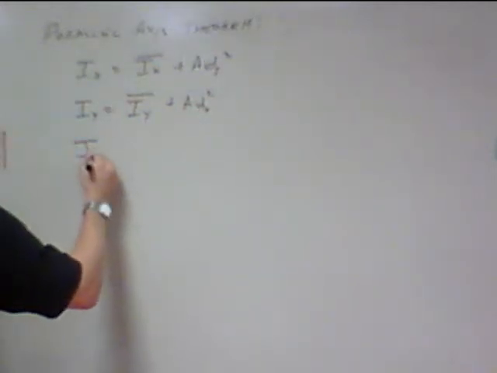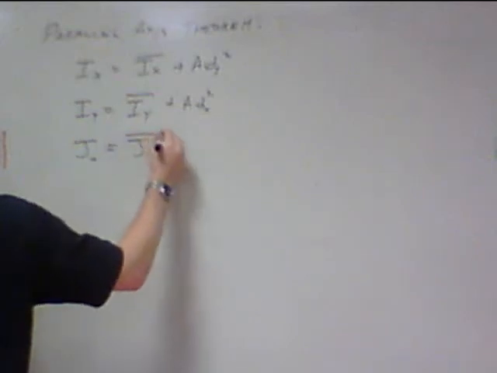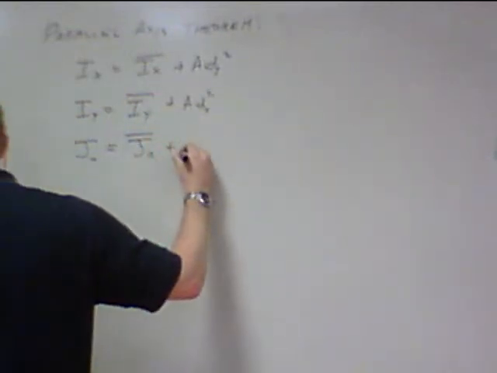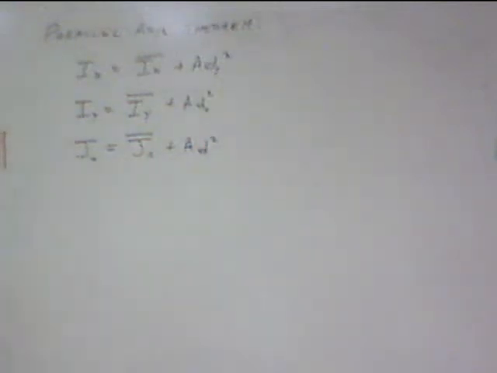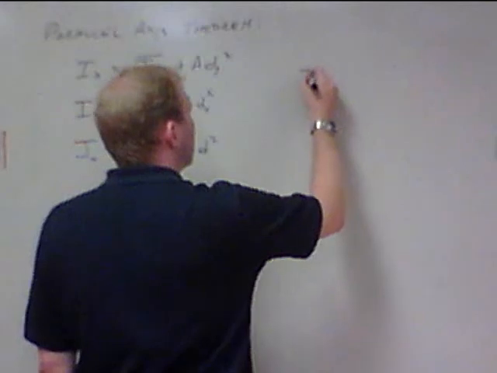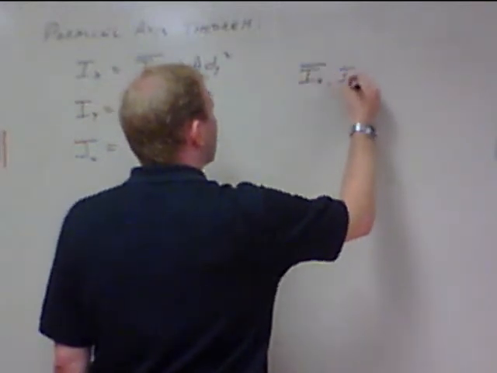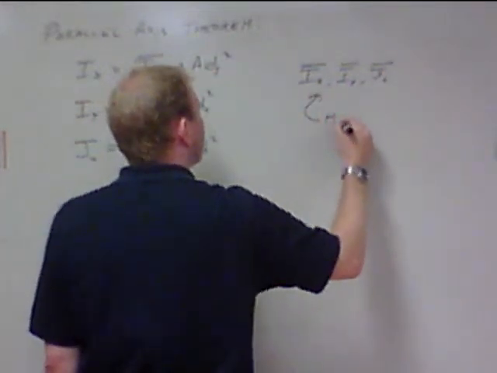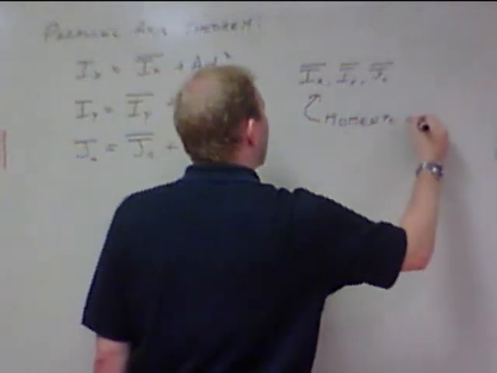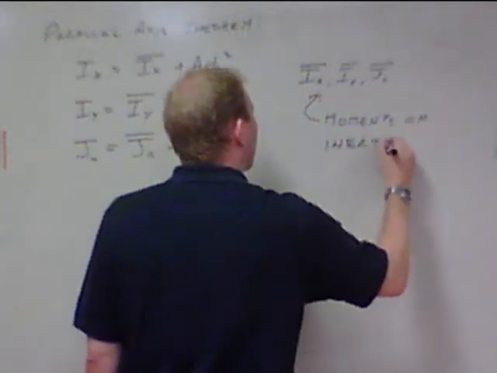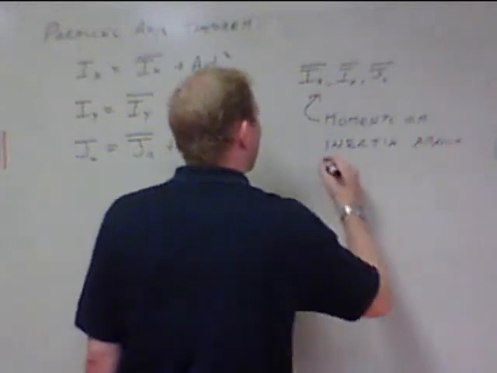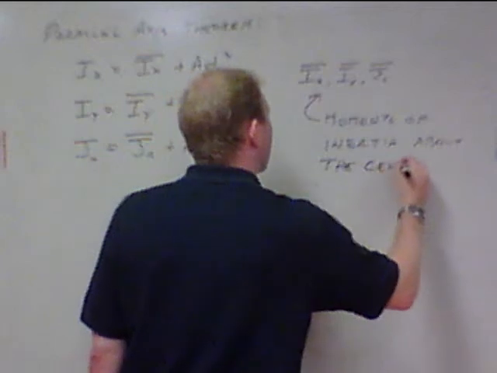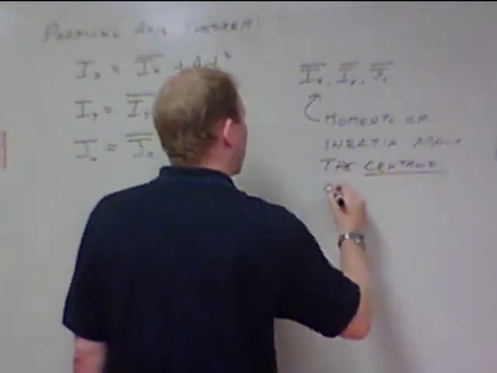And then J O. What these are, Ix bar, Iy bar, and Jc bar, are moments of inertia about the centroid of an object.